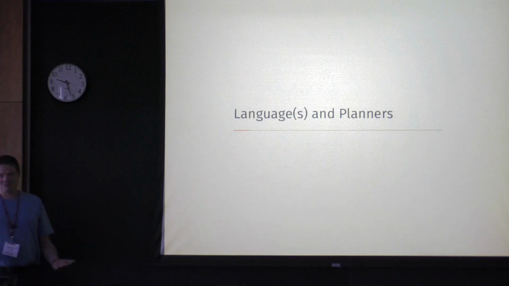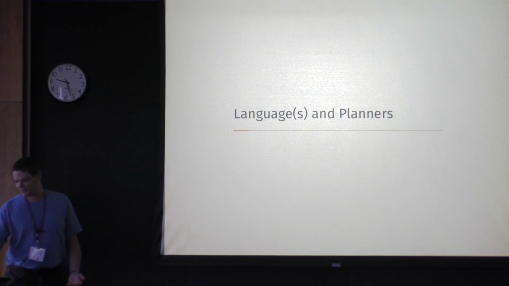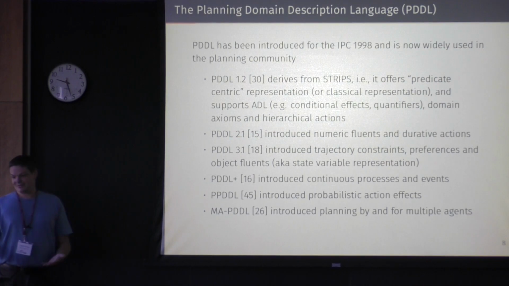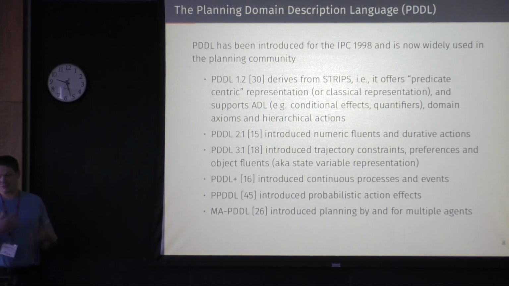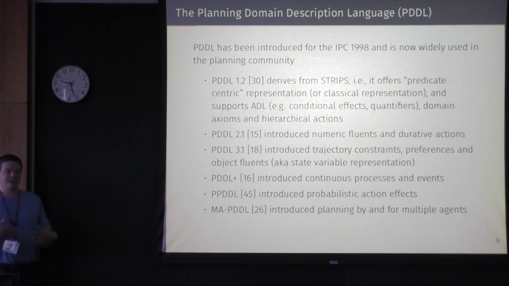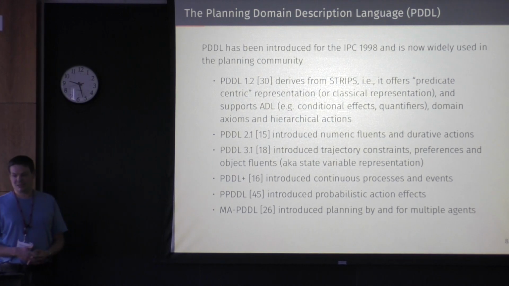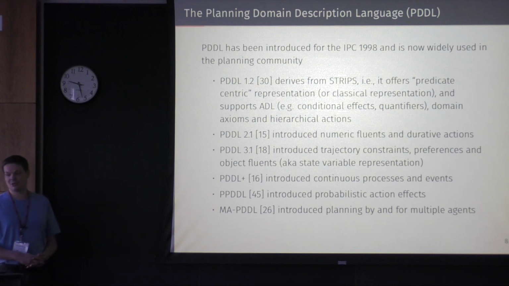I mean, in order to somehow encode the knowledge, the domain model, we need a language where we can model the knowledge. And I mean, since we are an ICAPS community, we very likely all know PDDL, the Planning Domain Description Language, which actually has been developed for the first international planning competition, which took place in 1998, so it's nearly 20 years ago.